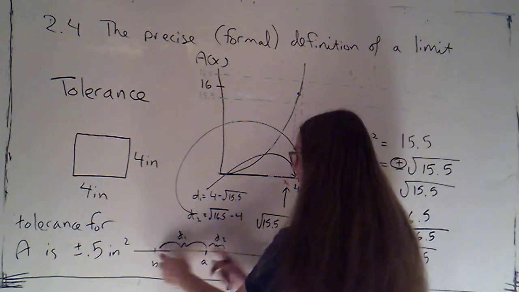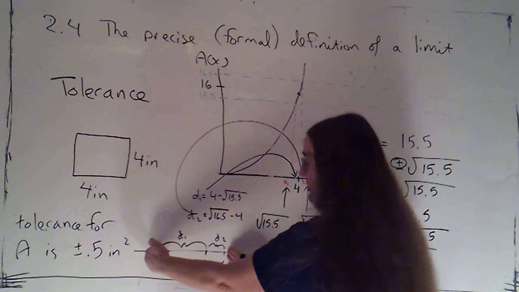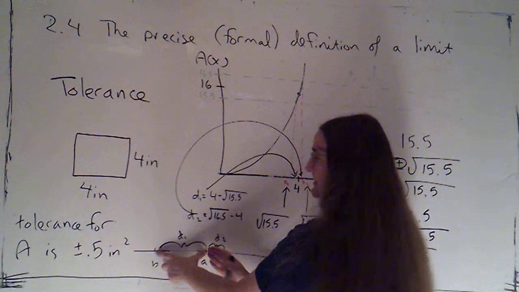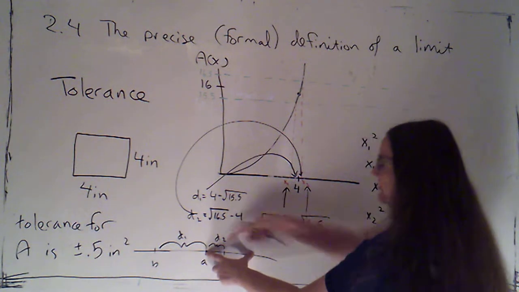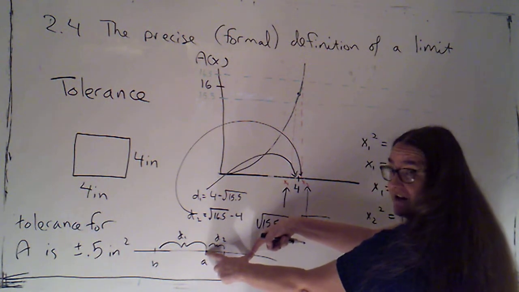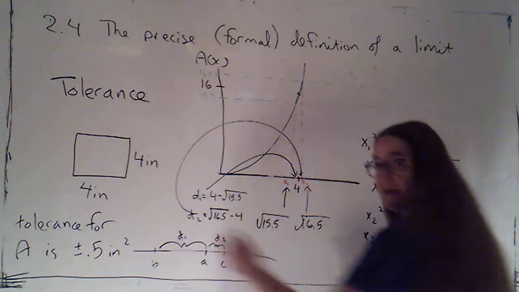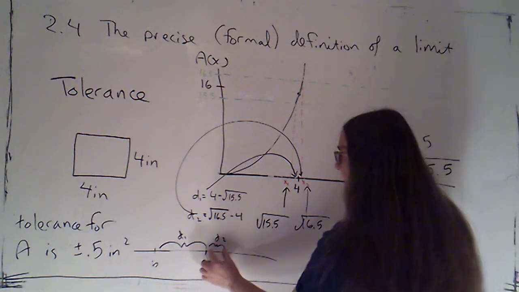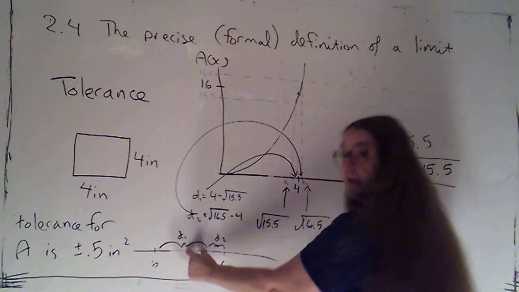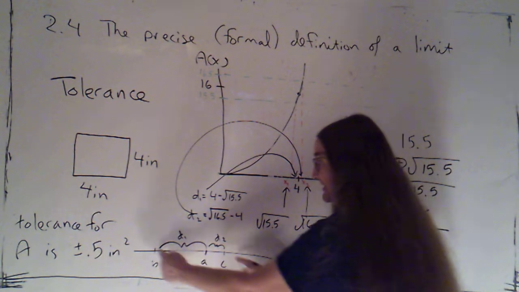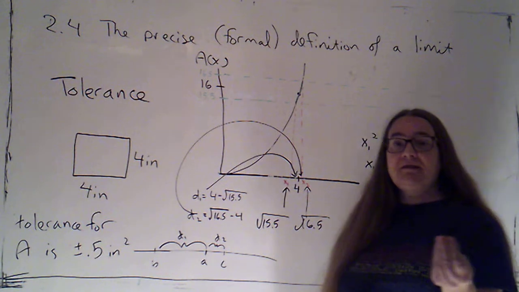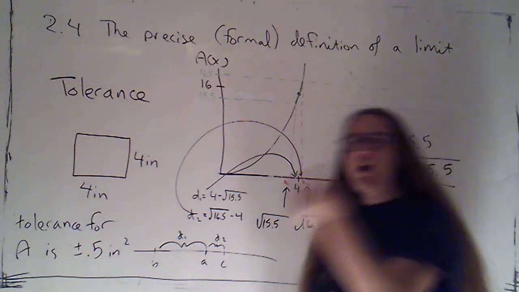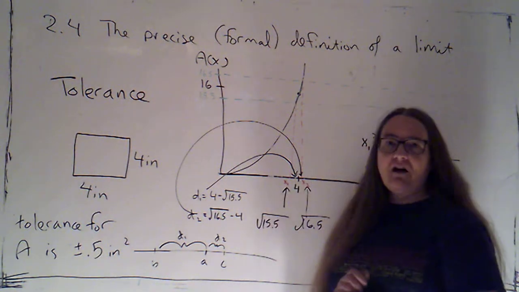If this is my acceptable region to be in, I can go that distance to the left and I'm good. But if I tried to go that distance to the right, I've gone outside of this region between B and C. On the other hand, if I take my smaller distance, I can go that far to the left and I'm still in this acceptable region. So the smaller of the two distances is the distance that I can safely go on either side of 4.